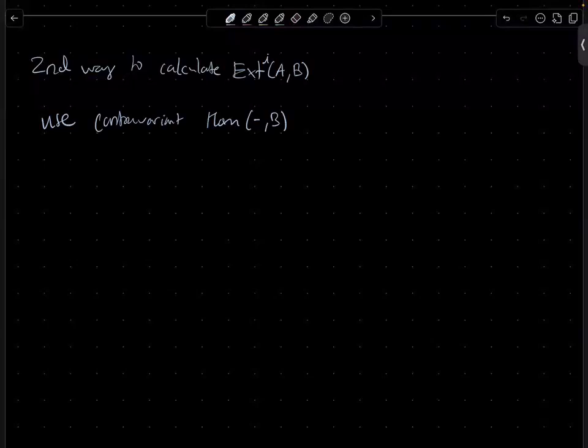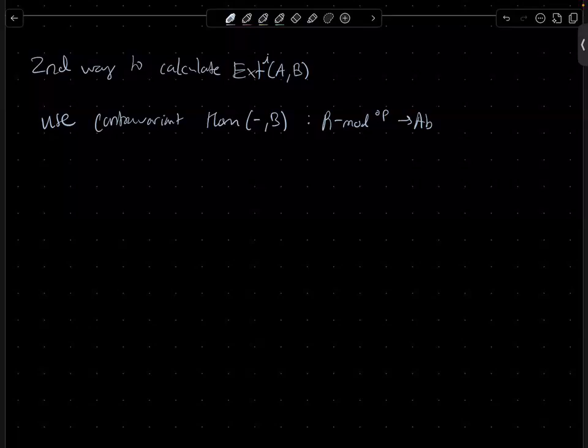So it's contravariant, which is to say it's a functor from R mod op to AB, right? Abelian groups. But because of this op thing, we should start with an injective resolution of A in R mod op.